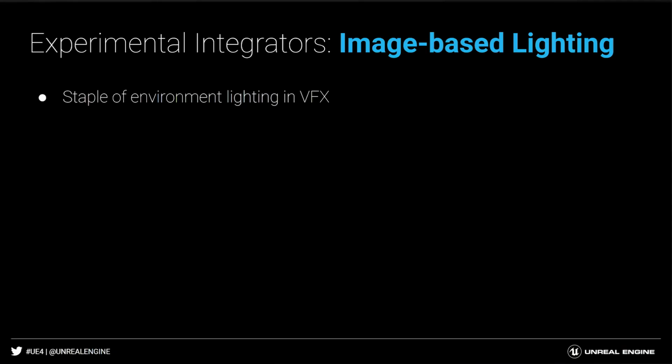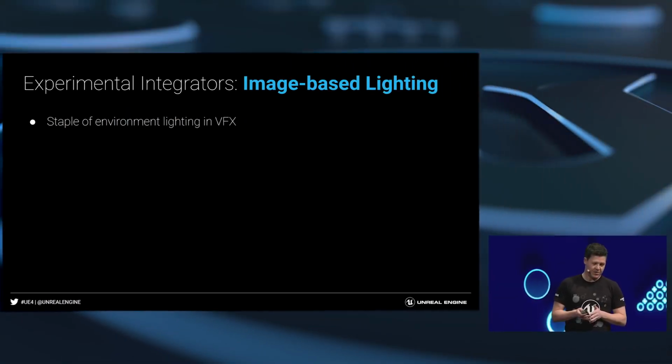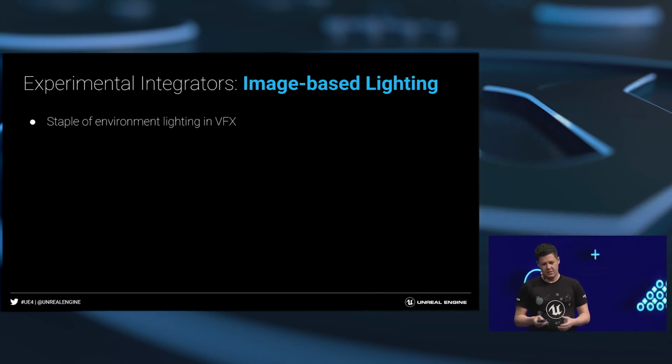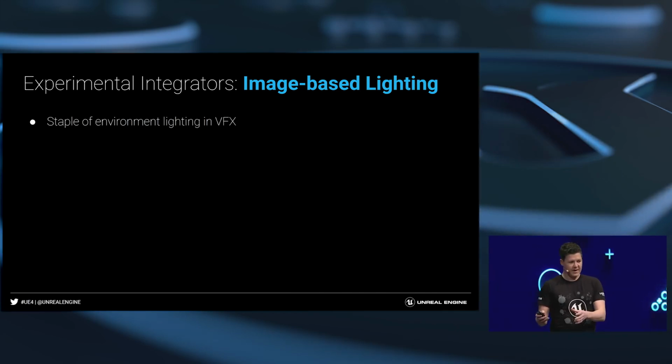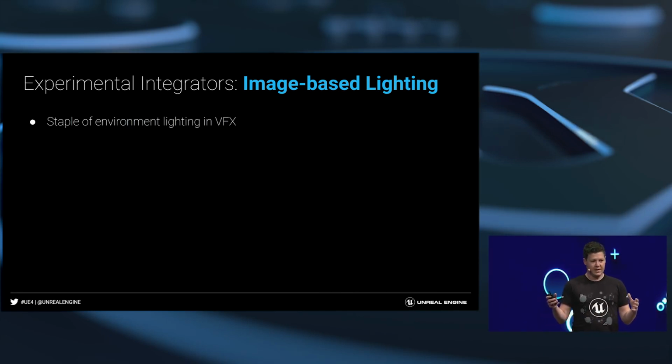And finally, we had a bit of time here before GDC, and we wanted to put together a bit of an experiment in image-based lighting. The whole point of image-based lighting, which is a staple in visual effects, is to go on set to record something, with the actors and in the environment, and to place a capture device so that you can actually record the lighting that was shot on set at that time.